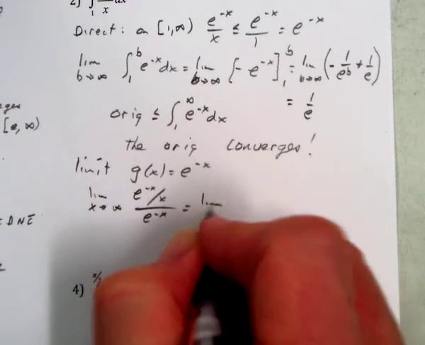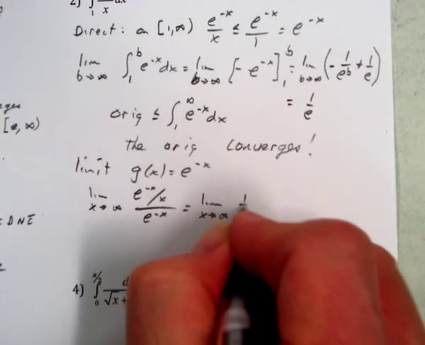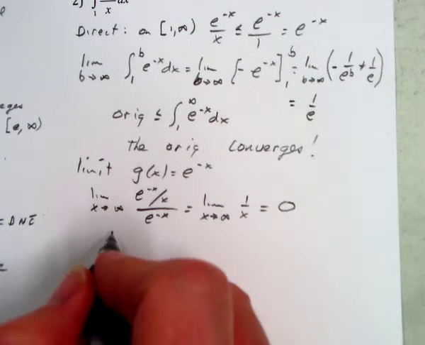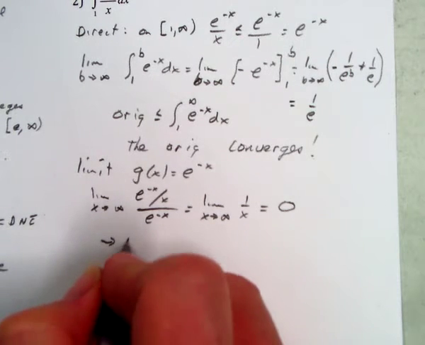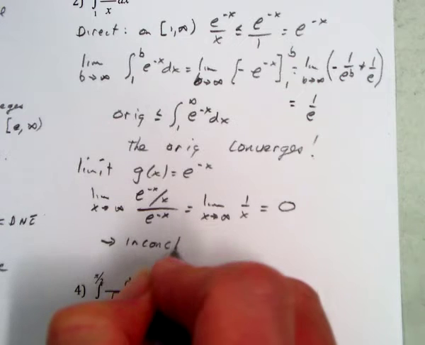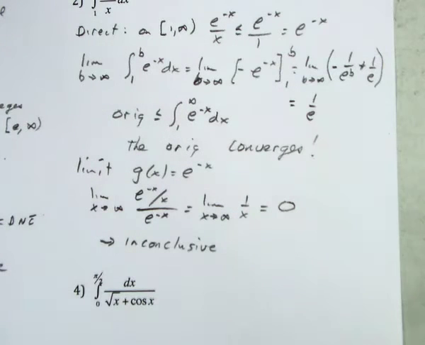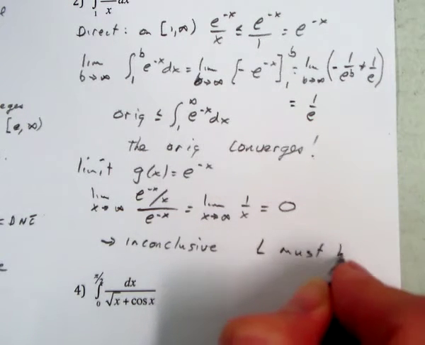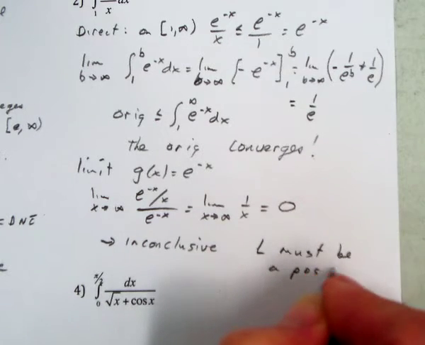That equals the limit as x goes to infinity of 1 over x. That equals 0. And what does that tell us? The limit comparison tells us nada. This is inconclusive. Why? Because that limit has to be a positive number. It has to be greater than 0, less than infinity. So it's inconclusive. L must be a positive number.